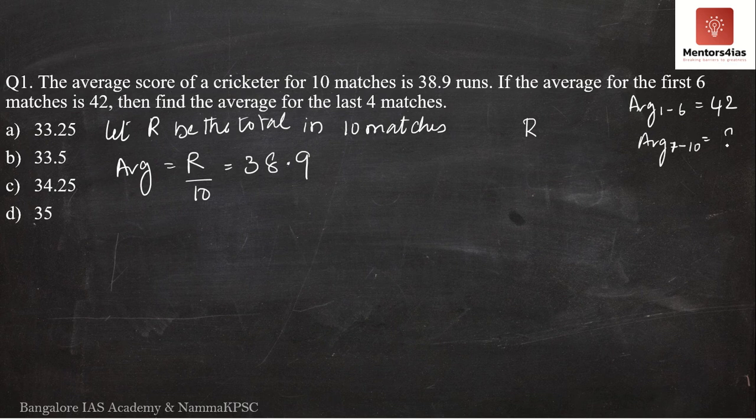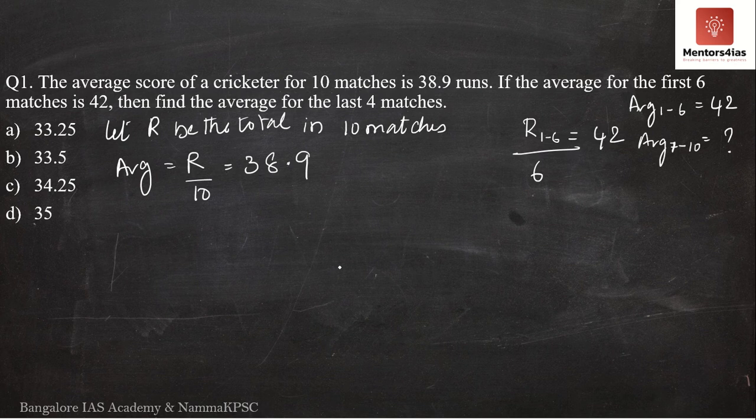If the average of the first 6 matches is 42, then when we divide the total runs scored in the first 6 matches by 6, that is when we get 42.